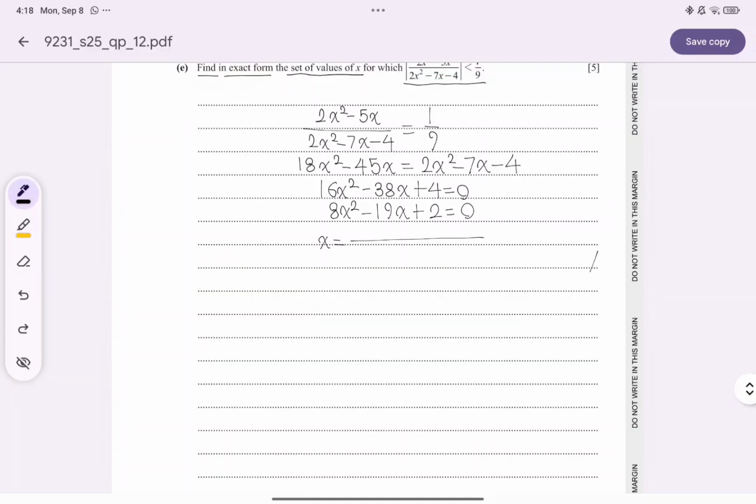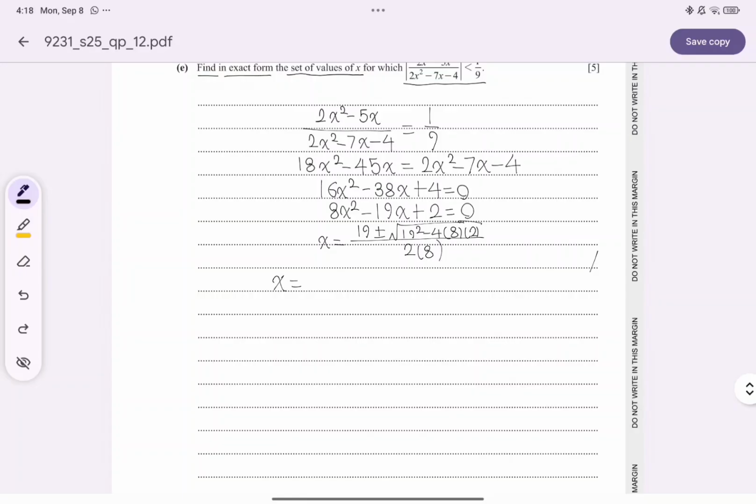Then let's use the quadratic formula: x equals minus b plus or minus the square root of b squared minus 4ac, over 2a.